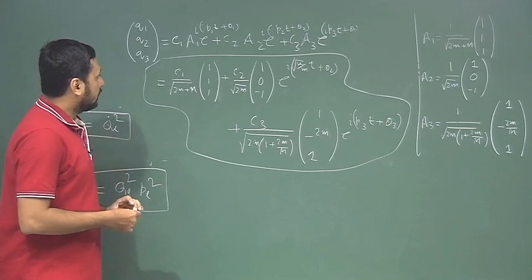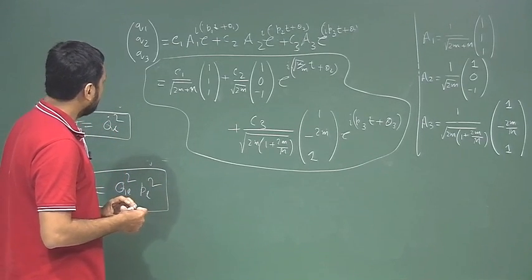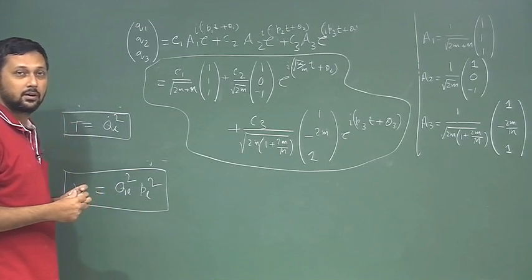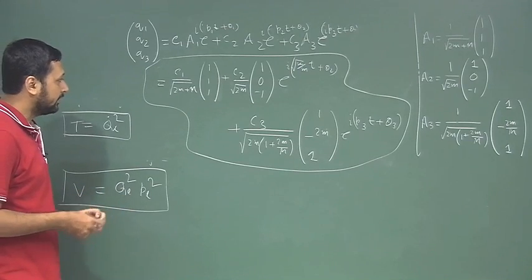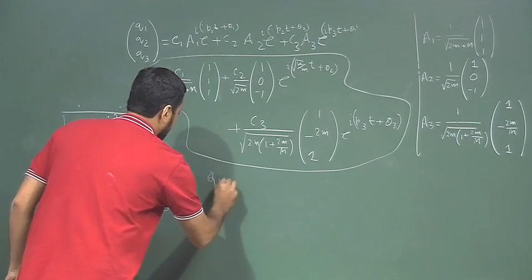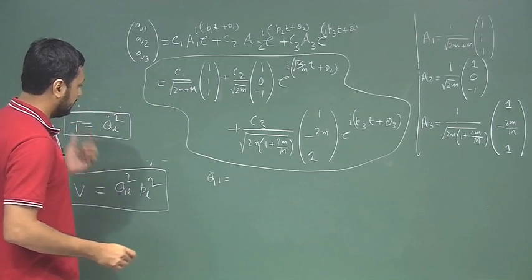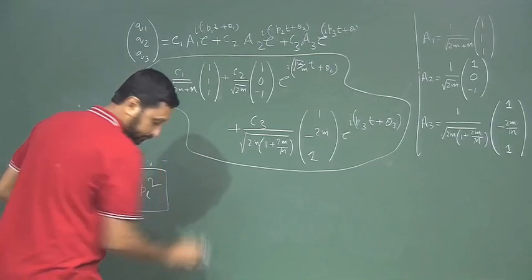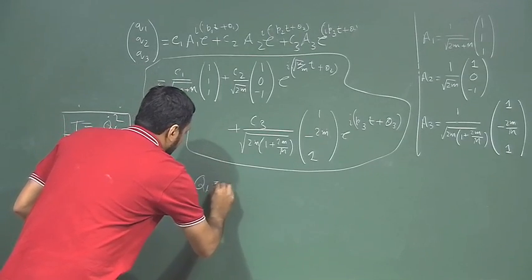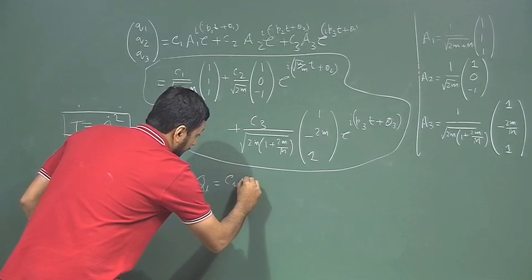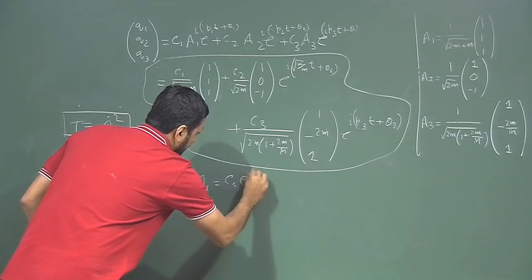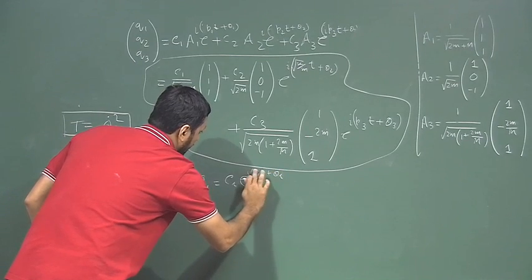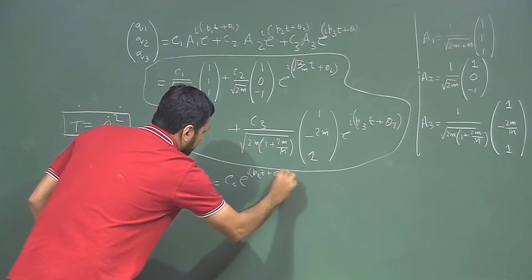Now, in terms of normal modes, what will be the normal modes in this case? We have to write the Q_L's. Go back to the definition once again, which is Q_L equal to C_L e to the power i (P_L t plus theta_L).